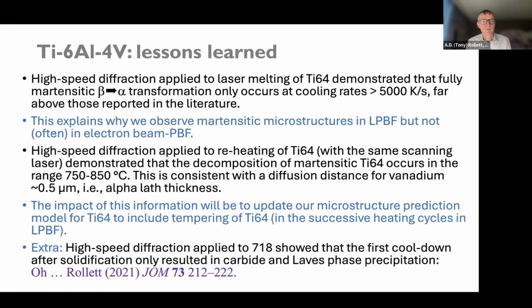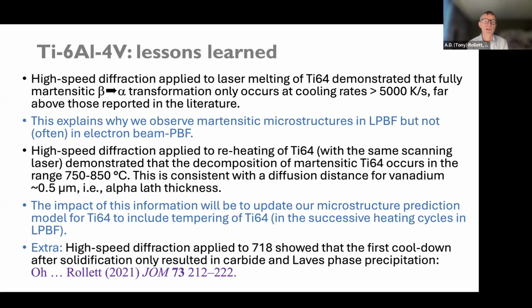All right, so some lessons learned, just to summarize quickly. You only get the fully martensitic beta to alpha prime, sorry, left off the prime, only at cooling rates on the order of several thousand degrees per second, at least an order of magnitude above what you see in the literature.